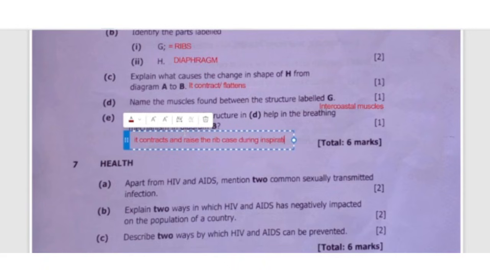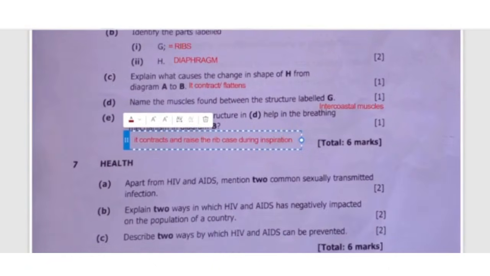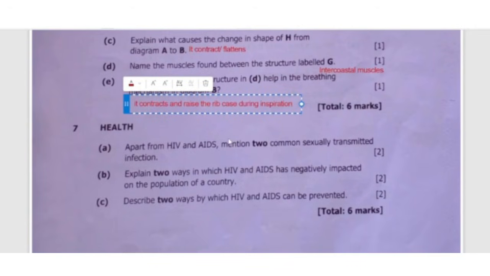Inspiration is breathing in. As you can see, this has even gotten a bulge. That means the air has come in. So it contracts and lifts the rib cage during inspiration. Those were the answers.